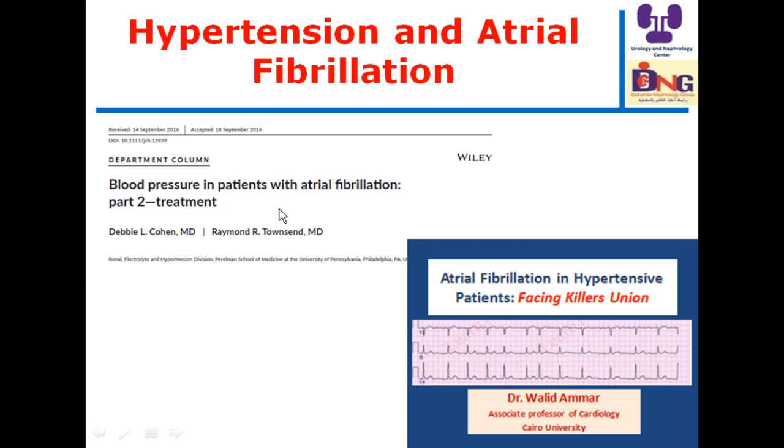To protect against development of atrial fibrillation, it's better to use RAS blockers, because RAS blockers lead to improvement of remodeling of atrial and ventricular muscles. So they protect against development of atrial fibrillation, and they may also protect against recurrence of atrial fibrillation after its management.